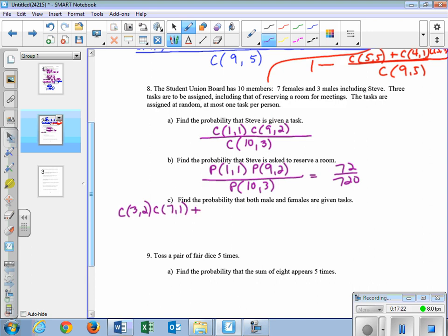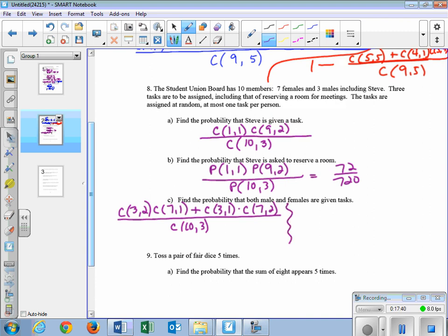Or I could have 1 male and, so I multiply, 2 females, all divided by just picking the 3 people, 10 choosing 3. Okay, and that would be both males and females being selected.